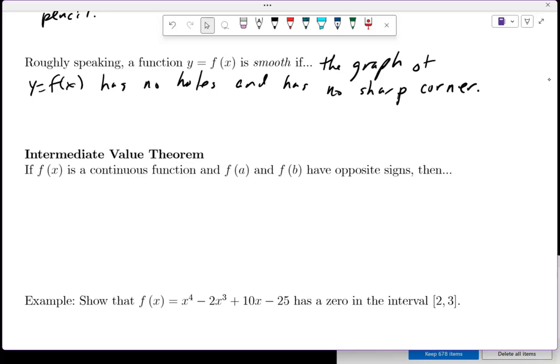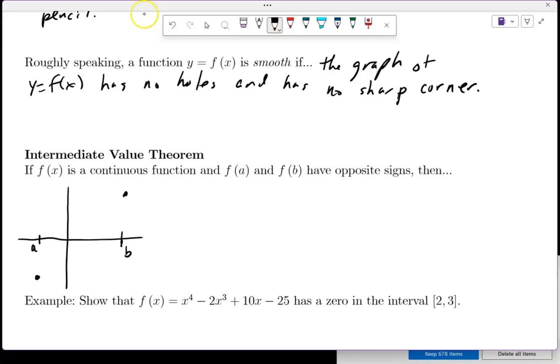Okay? So what it says is that if we have a function and f of a and f of b have opposite signs, so maybe my a is over here, my b is over here, that means I have one point below the x-axis and one point above the x-axis.